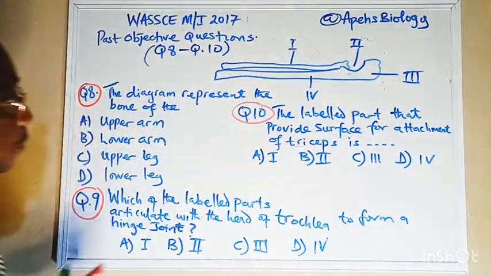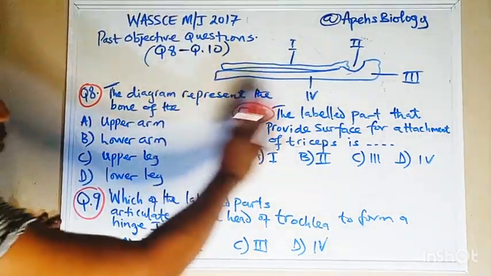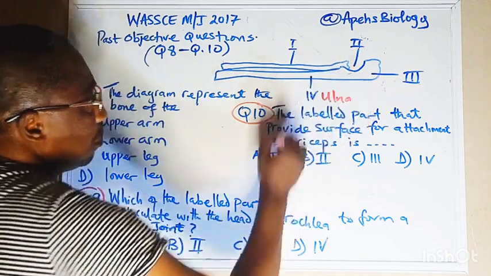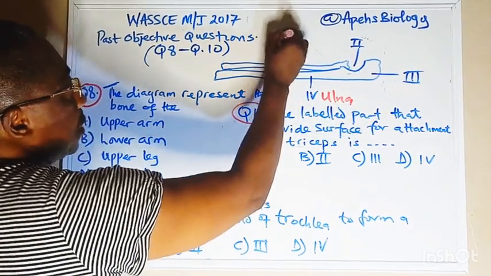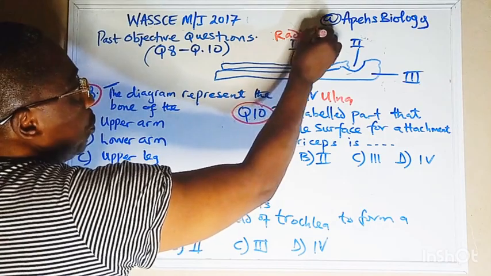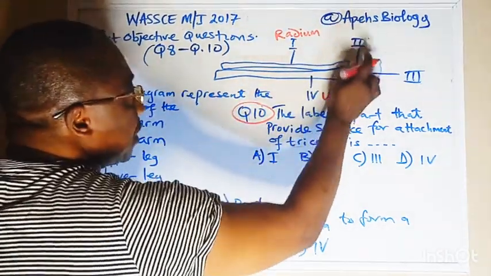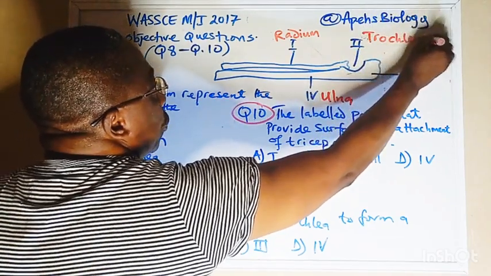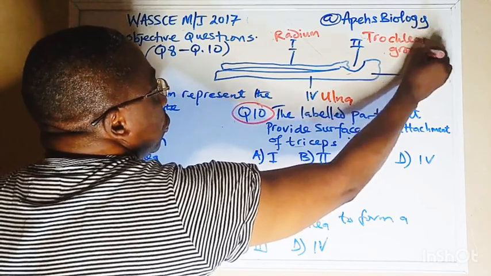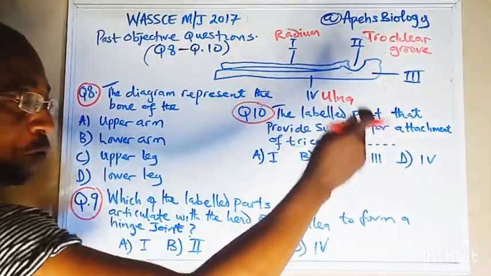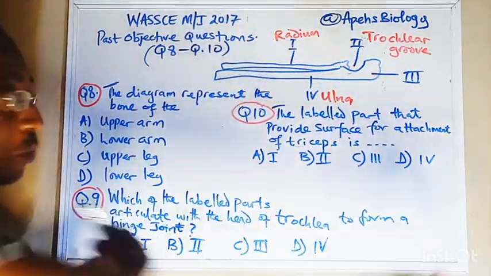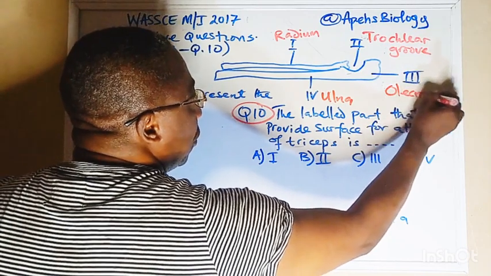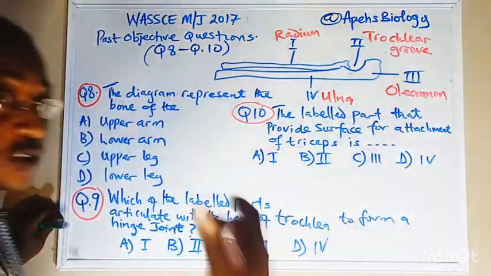Now look at the question. We are to label it: this lower part here is going to be called ulna, and this upper part is going to be called the radius, because it's the bone of the lower arm. This cavity here is called the trochlear groove, used as a socket to form the hinge joint at the elbow. This place here is called the Olecranon, which is the elbow point for attachment of the tricep, as I said.